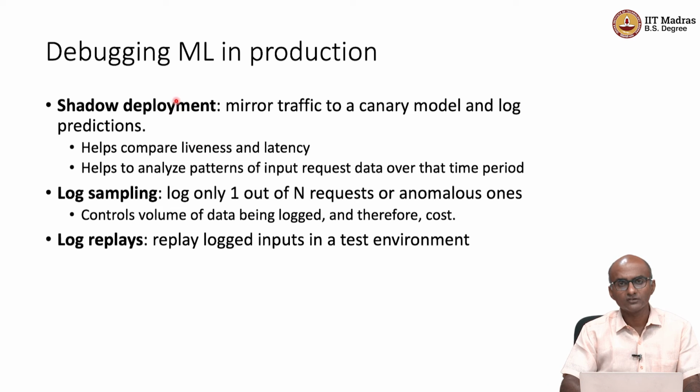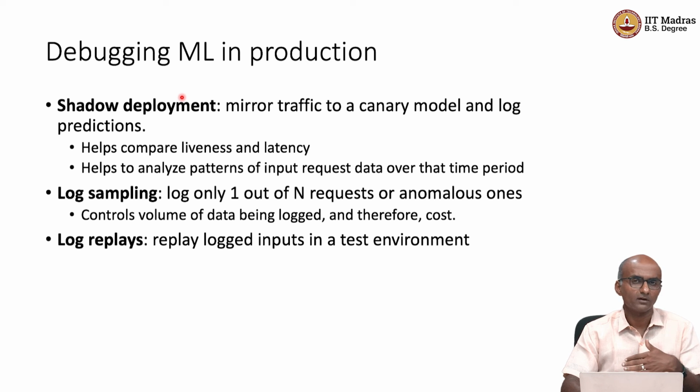One you could do is something called a shadow deployment. So what you do here is the traffic that's going to the production machine learning system, you do not touch that. But because it's going through, let's say, a load balancer, you make a copy of that data and send it to your canary model.